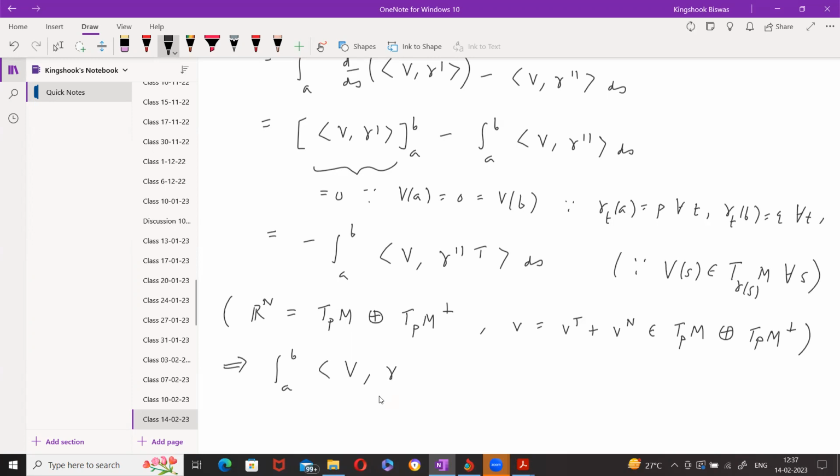So this implies that V inner product with the tangential component of gamma double prime, this is 0. And this is true for all vector fields V along gamma, such that V(A) equal to V(B) equal to 0.